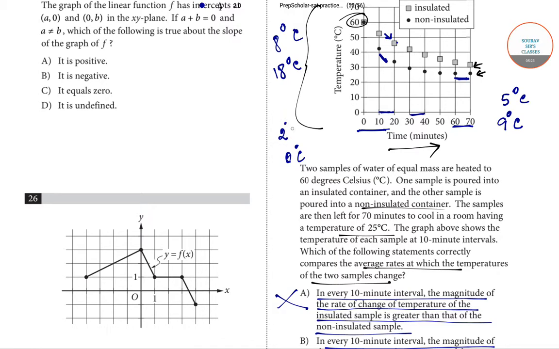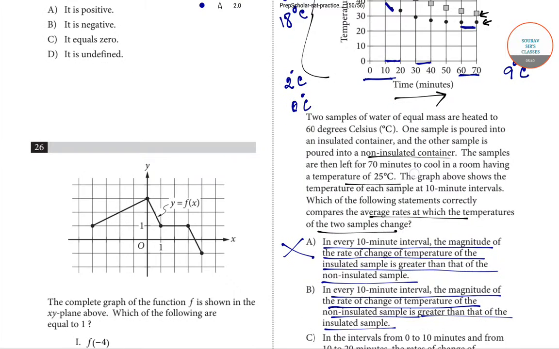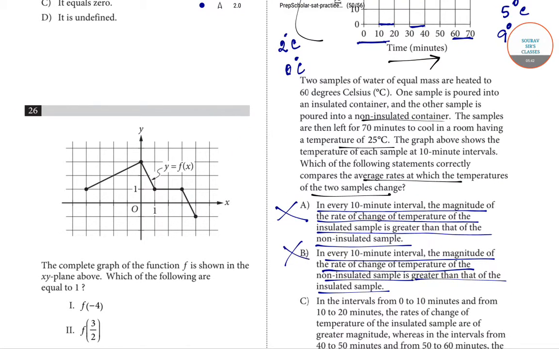So it is not correct that the non-insulated sample always decreases more than the insulated sample. We have examples of the insulated sample decreasing temperature more than the non-insulated sample also. So option B is also not correct.